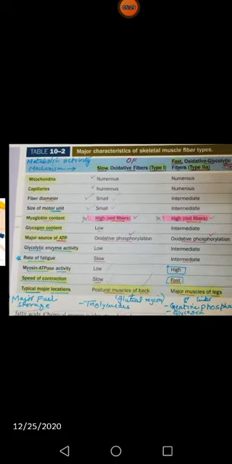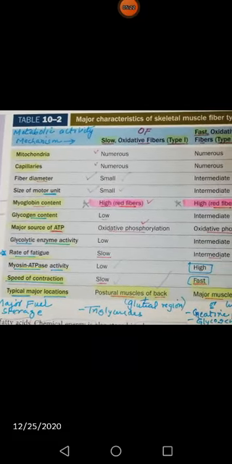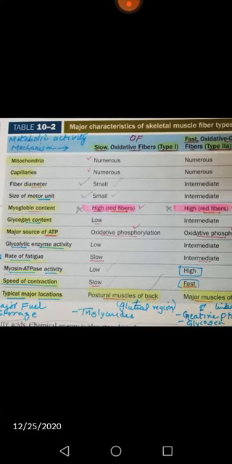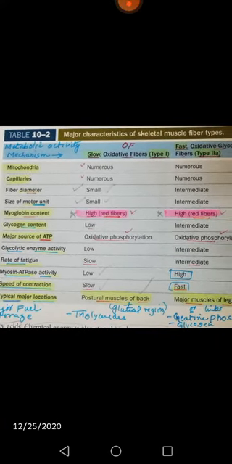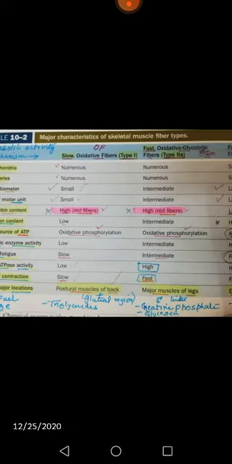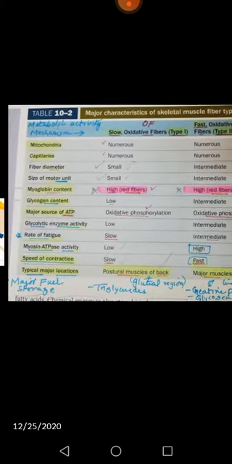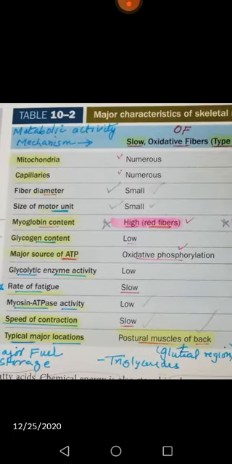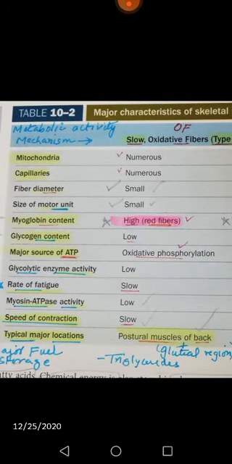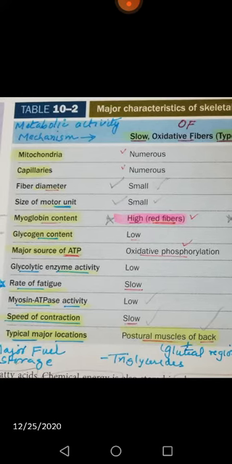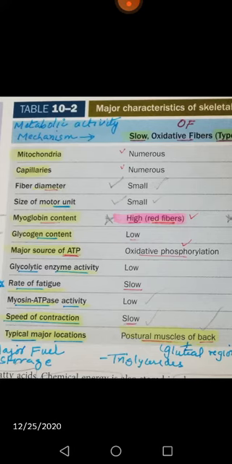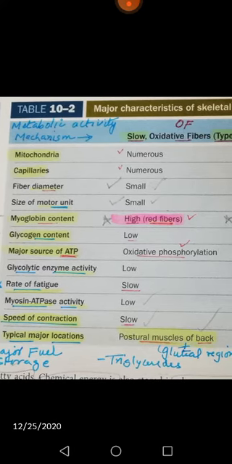Now you can see a chart in which you can see the various things located in the muscles, like mitochondria, capillaries, and the comparison of these three types. So let's revise one by one again. In the type 1 or slow oxidative fibers, mitochondria and capillaries are numerous, and the diameter of the fibers, or the motor unit size, is small, but the myoglobin content is high, giving the red color.